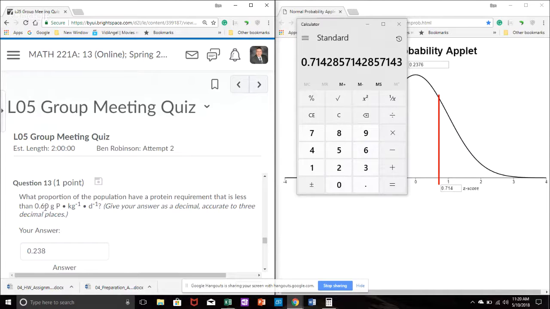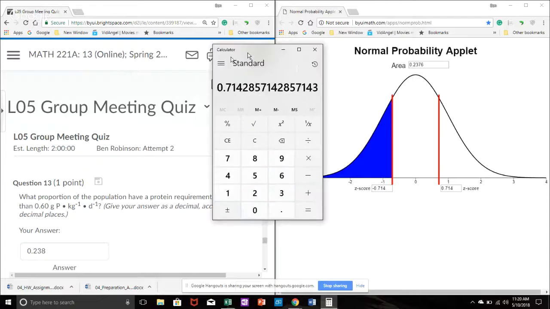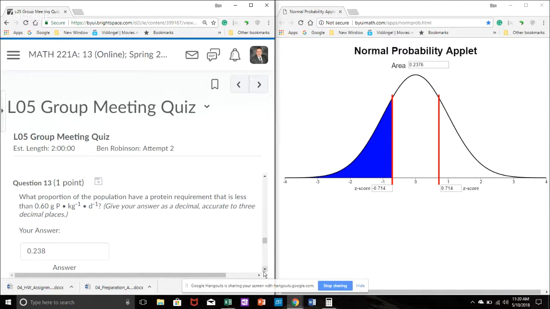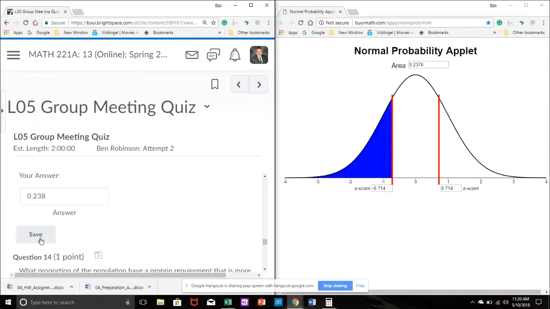So the difference between 0.65 and 0.60 is 0.05. I took that 0.05 and divided it by the standard deviation, and it gives us a z-score of 0.714. So I put that in there, and then we want it less than that. So I looked over here, and that's 0.238. The same answer, right? Yes, I got it. Thank you very much.